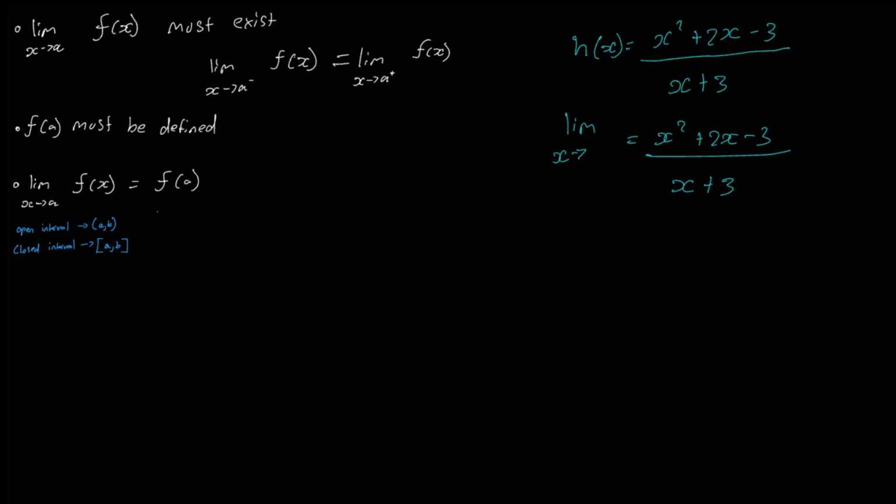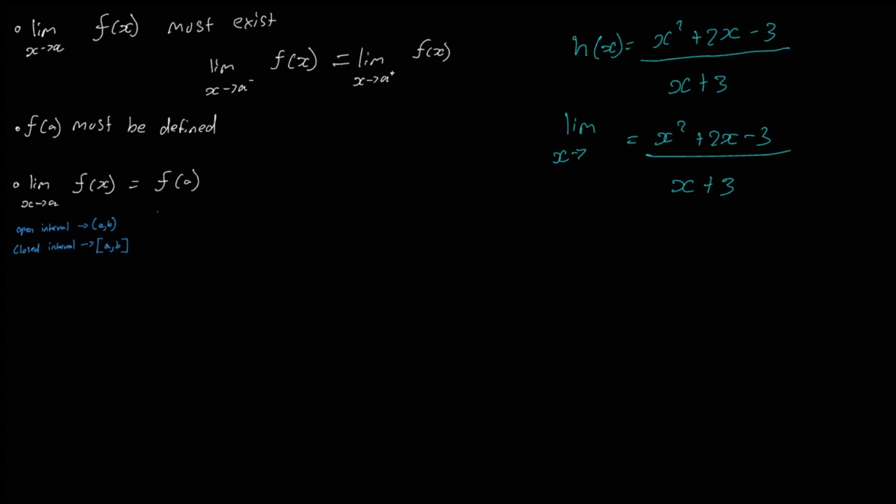If x is negative 3, our denominator becomes negative 3 plus 3 equals 0. And when our denominator equals 0, our function is not continuous. It doesn't exist. Remember, our first condition of continuity is that the limit as x approaches a of f of x must exist.